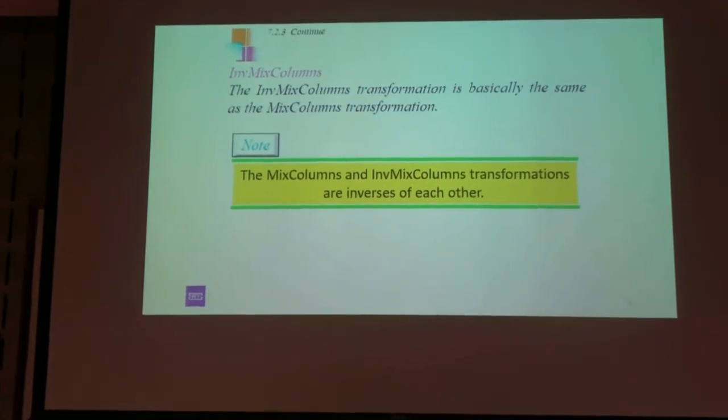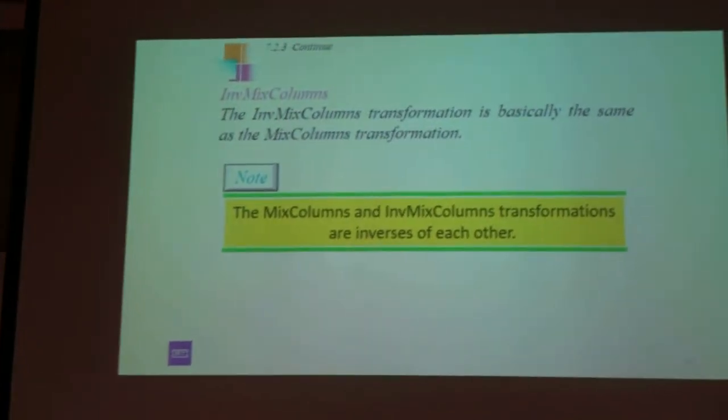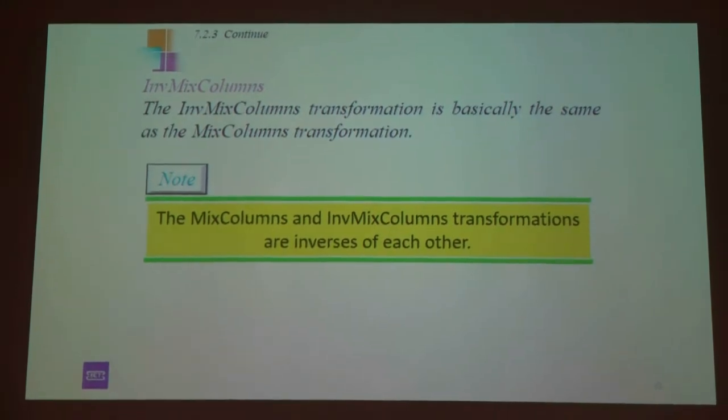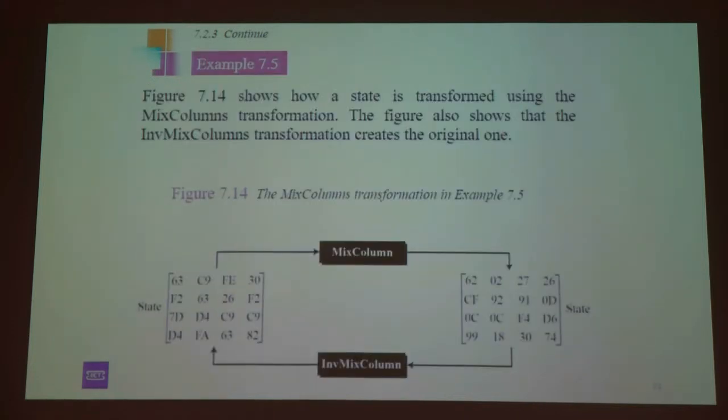Then the inverse is very simple. What do you do? Multiply the column with the inverse matrix. We go back. So the inverse mix columns transformation is basically the same as the mix columns transformation. It's just multiplying with the inverse.